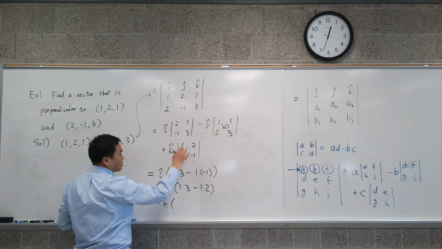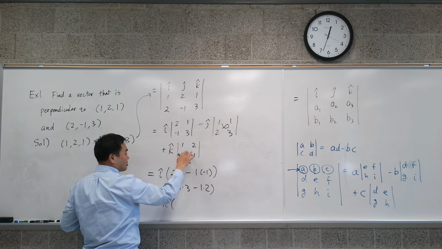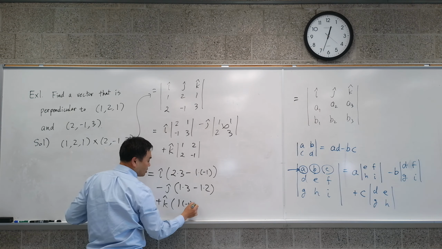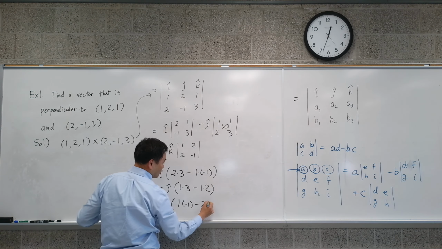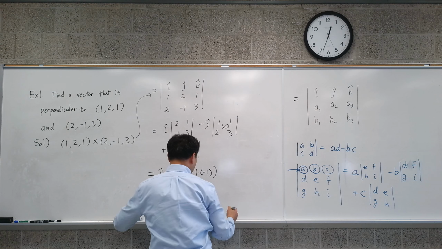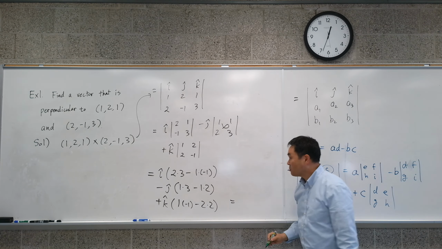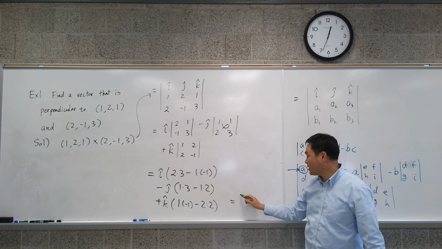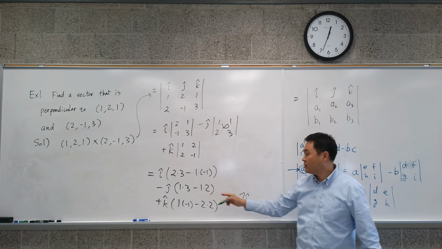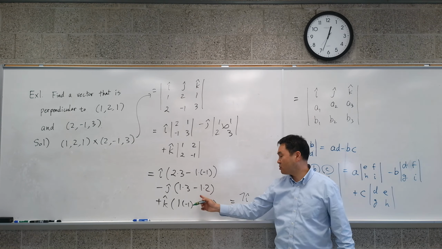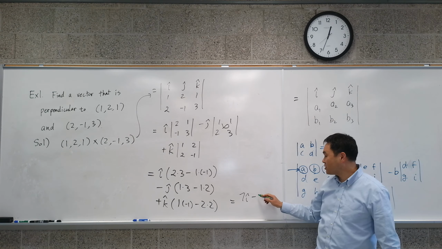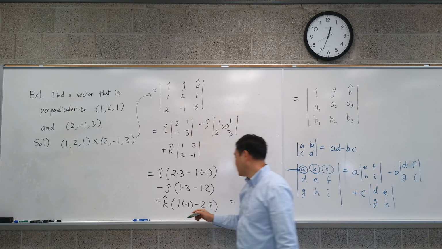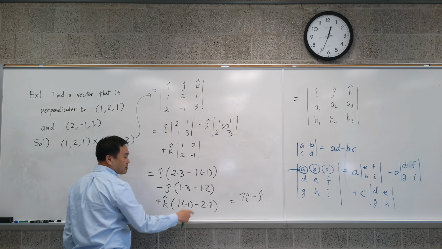This time it's 1 times -1 minus 2 times 2. And let's just calculate one by one. You have 6 plus 1, that's 7i. What's that? 3 minus 2, that's 1, but there's a minus, so it's minus j. -1 minus 4, that's -5.